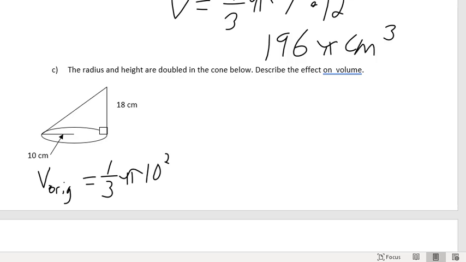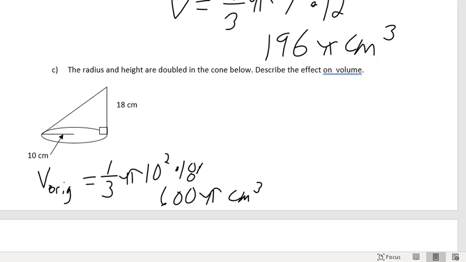The height is 18, so times 18. So 100 times 18 is 1800, divided by 3 is 600 pi, and our units are centimeters cubed.